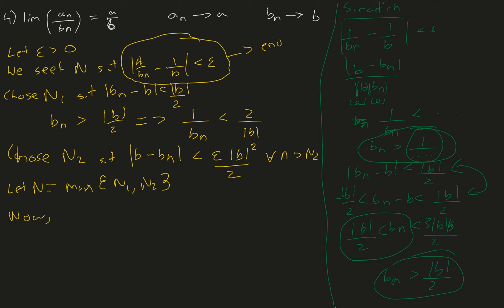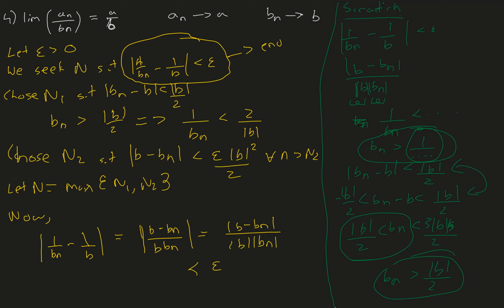Now we get modulus of 1 over bn minus 1 over b to be equal to modulus of b minus bn over b bn, which is equal to modulus of b minus bn over modulus of b times modulus of bn, which is less than epsilon b square over 2.